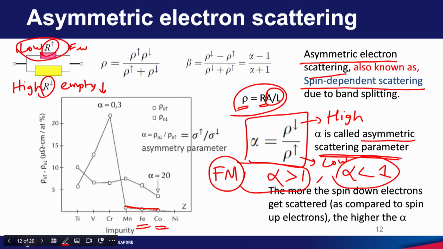The square represents the resistivity of spin down electrons, and you can notice that they have a larger value. So, the alpha of ferromagnetic material is more than 1. In the case of cobalt, this is around 20, if you divide this value by this.